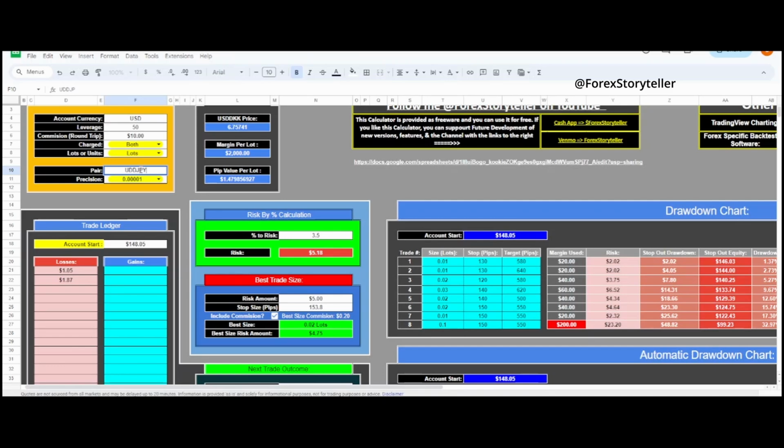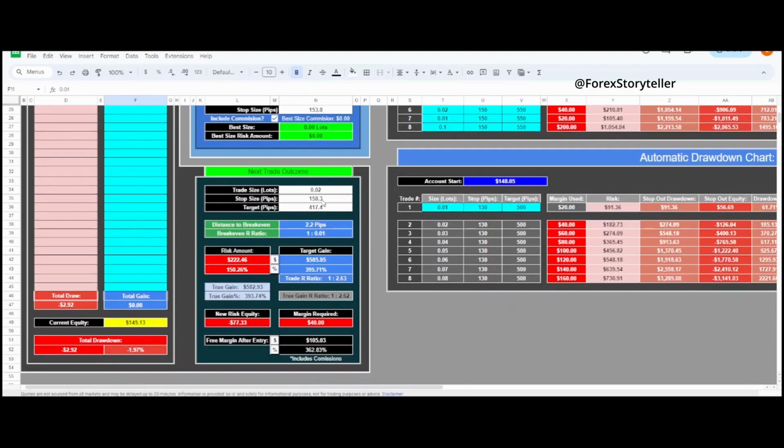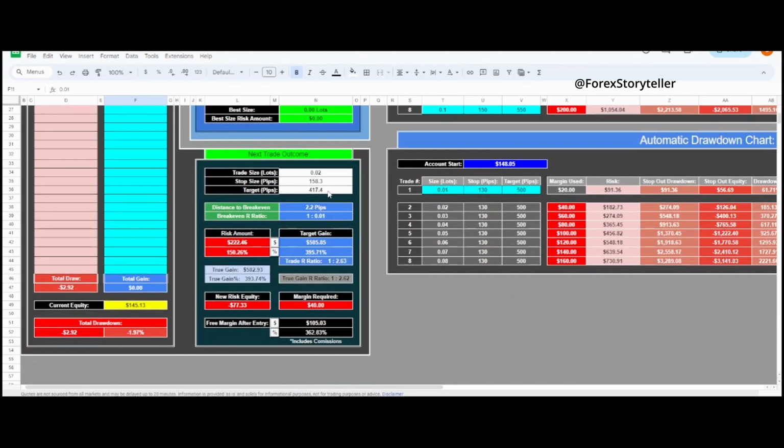So let me see if, nope, I don't have that. So you would do that, and then you would change the precision to get the right values. And now we're looking at a new potential. We'll have to set up the new targets here.